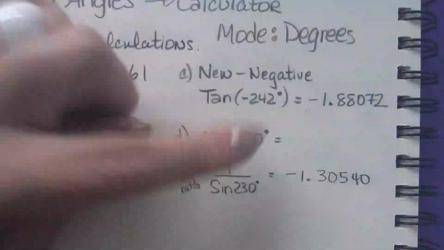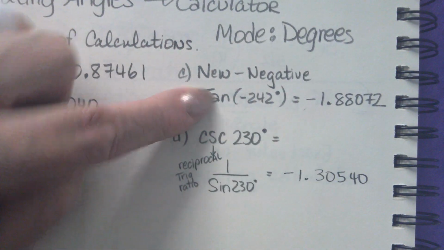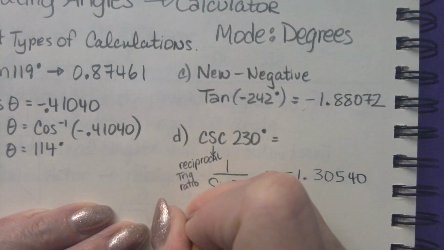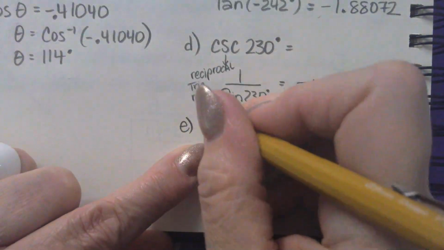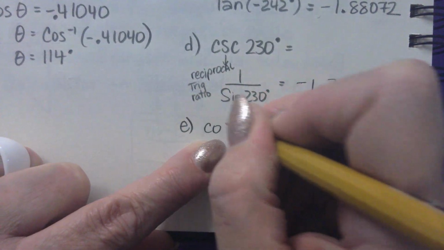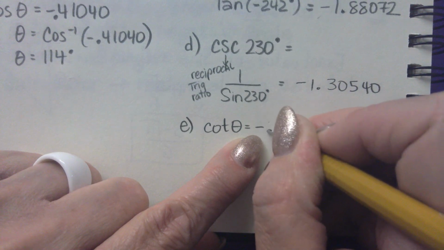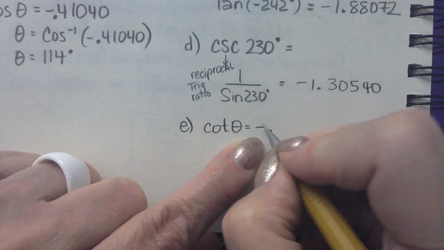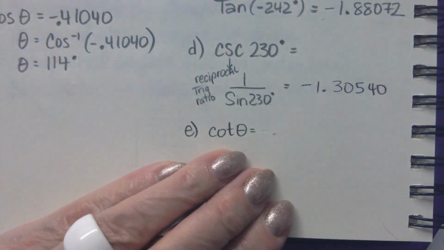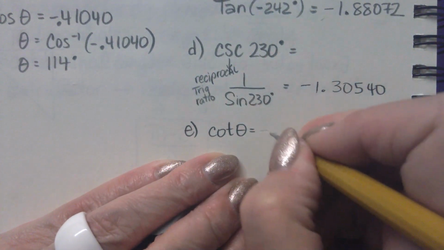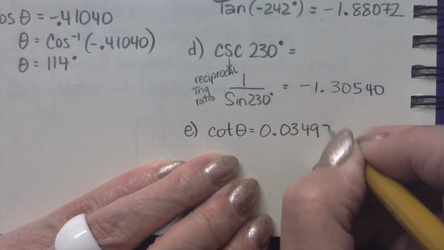Now, when we had the angle, we did the whole thing as a reciprocal. So when we're finding an angle, let's say cotan theta is equal to 0.03492.